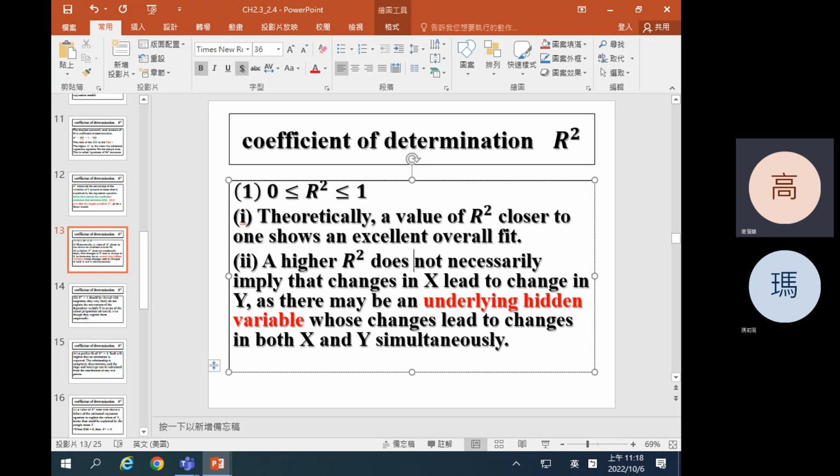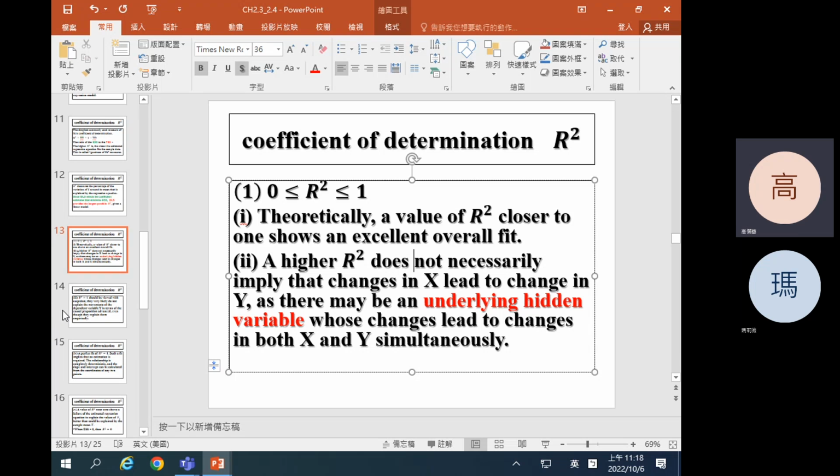Because there may be an underlying hidden variable. When we say hidden variable, it means a variable that doesn't show in the model. Changes in the underlying hidden variables lead to changes in both X and Y simultaneously. Therefore, a higher R squared doesn't necessarily imply that the change in X leads to the change in Y.